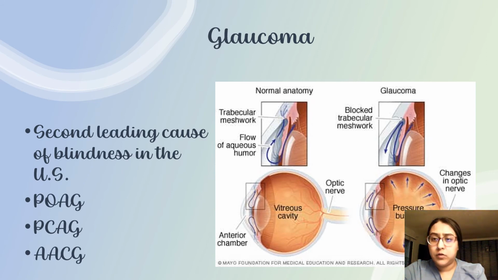In closed-angle glaucoma, the part of the iris where the cornea meets the eye, or where the outflow of the aqueous fluid occurs, is closed, and this is mainly related to the aging process. Acute closed-angle glaucoma is due to conditions that cause dilation of the pupil, such as drugs that induce mydriasis, or dilation. Some clinical manifestations of acute closed-angle glaucoma include severe and sudden pain in or around the eye, colored halos, and ocular redness.